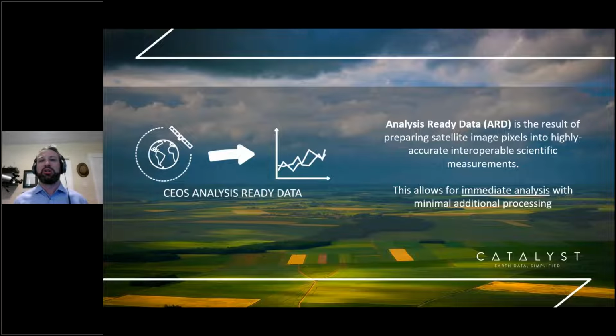There's a common notion of the 80-20 split, where 80% of your time is in the pre-processing and 20% is in the actual analysis. This eliminates that. It gets you to the point where you can immediately start performing your analysis.